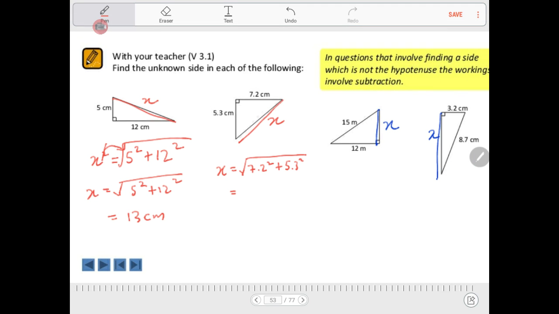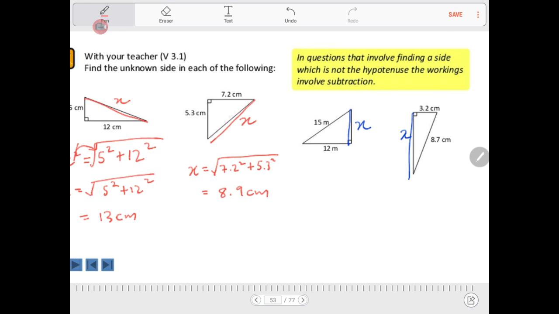Okay, so if we're finding the hypotenuse, we always have a plus in between the two numbers. Okay, so for this one, we get 8.9, just going to one decimal place.